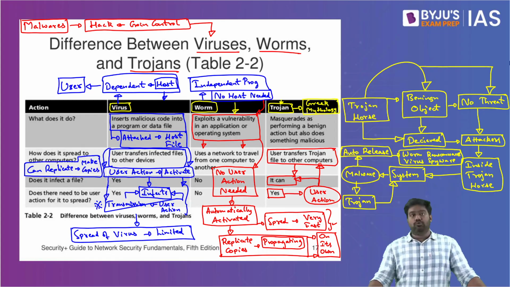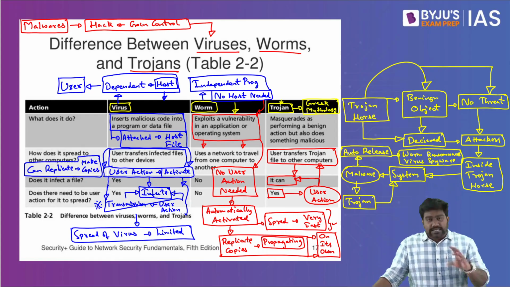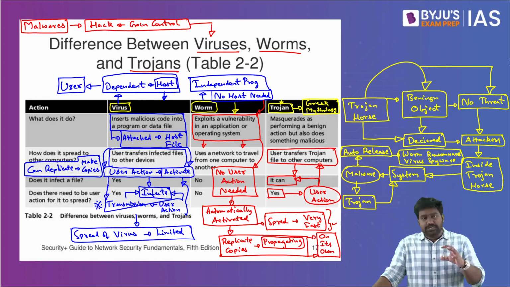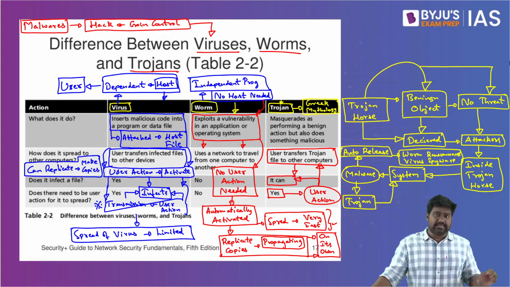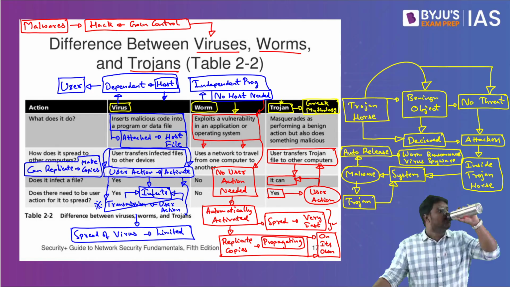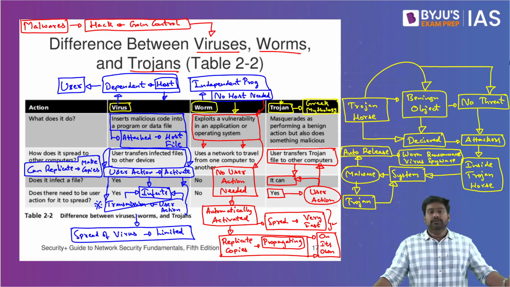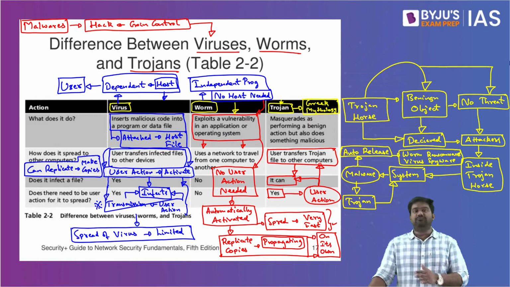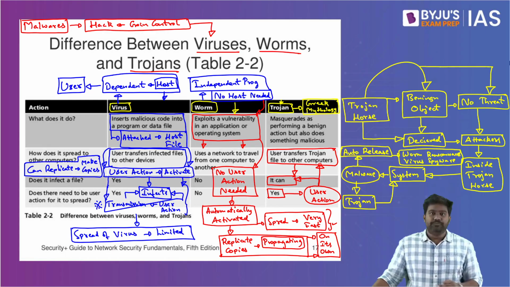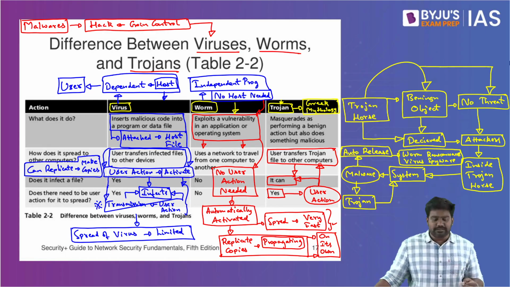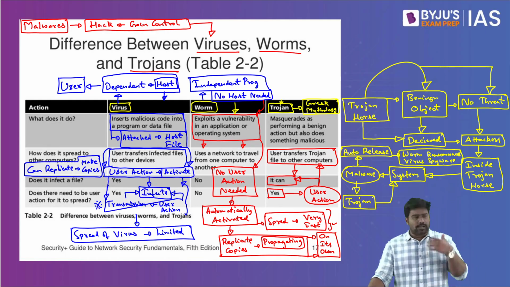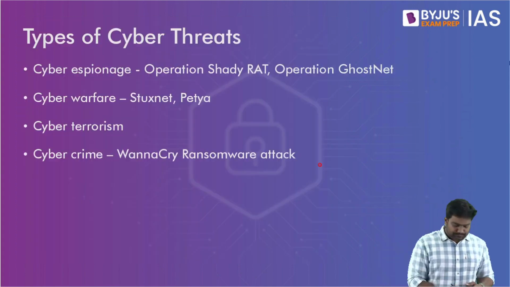So this is how Trojans operate. The Trojan itself is not the malware. The Trojan is hiding the actual malware inside. Is that clear? So these are the three basic types of malwares that you should be familiar with. These are very commonly used by cyber attackers to gain access into your system, to hack into your devices.